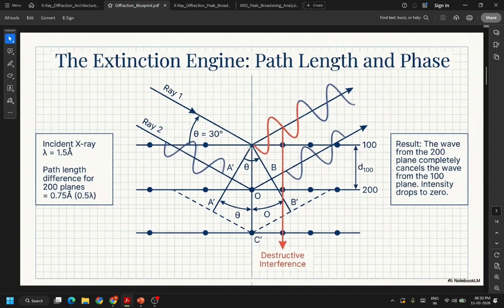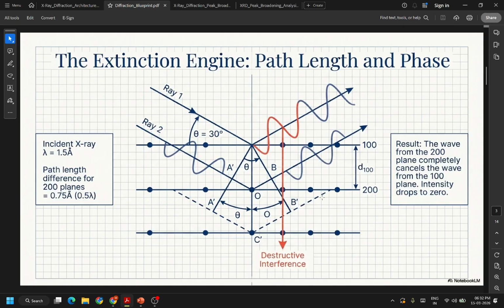So what happens is that there is the first ray that is coming here and going from here, and the second ray can either fall on the C plane, which is your 100 plane, or on the B plane, which is your 200 plane.